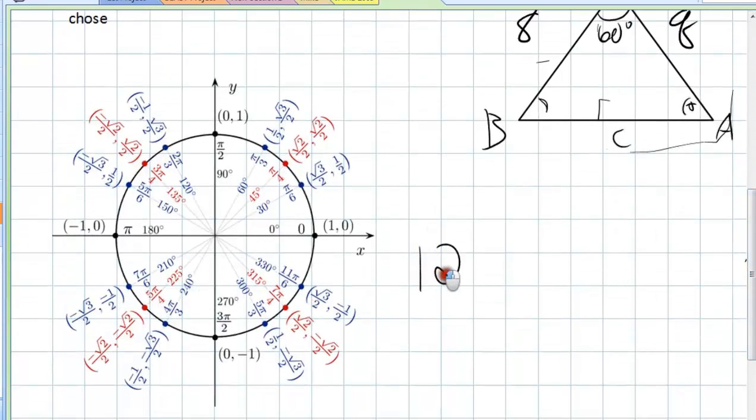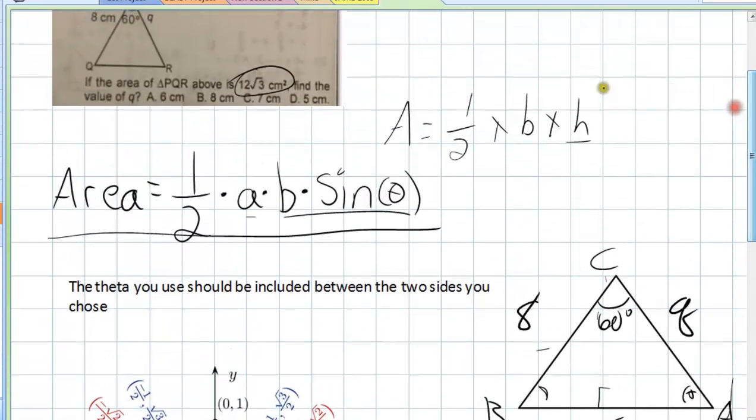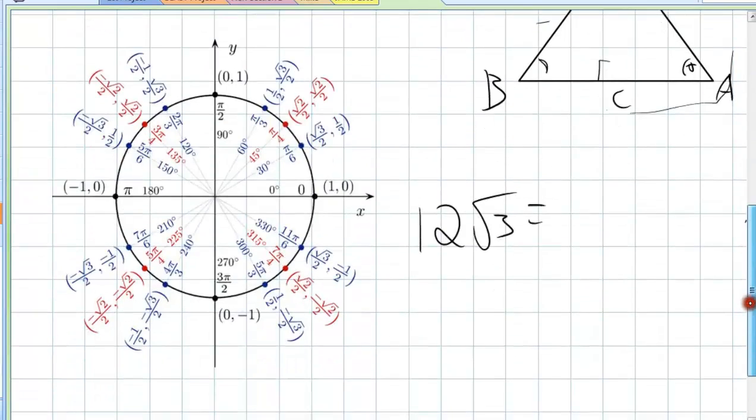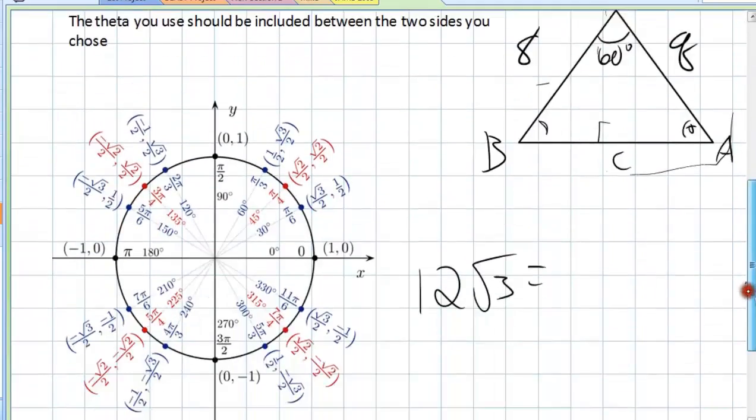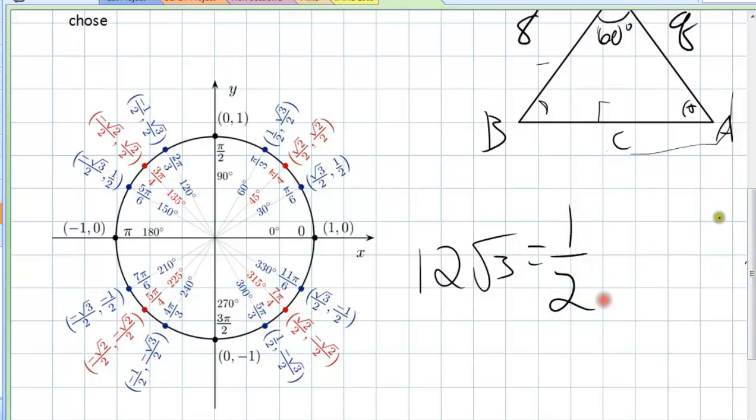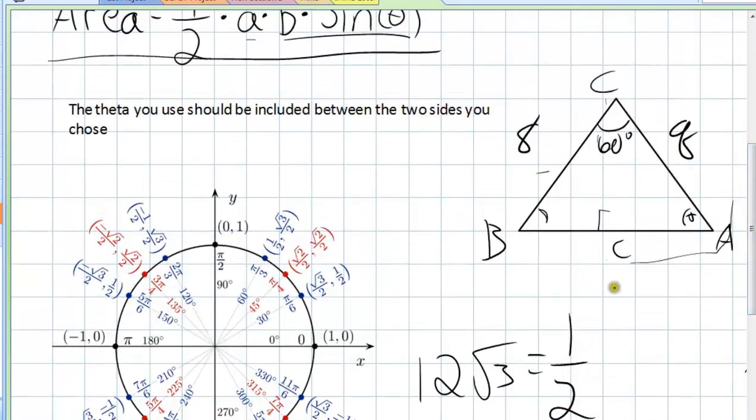So 12 root 3 is equal to 1/2 times the two sides, so times 8 times Q, times the sine of the angle that is between them, times sine of 60 degrees.